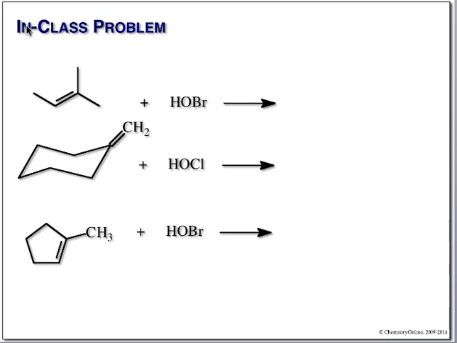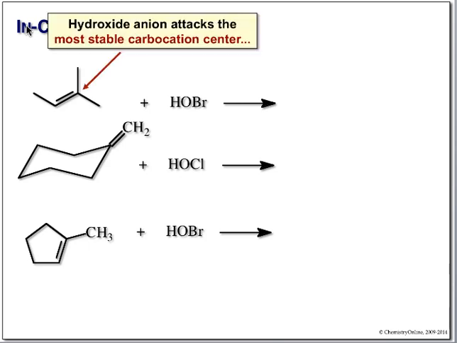Because that's the one that's going to get the OH. We have a secondary and a tertiary. The most stable carbocation is our tertiary. So the OH is going there, the bromine will go to the other carbon.